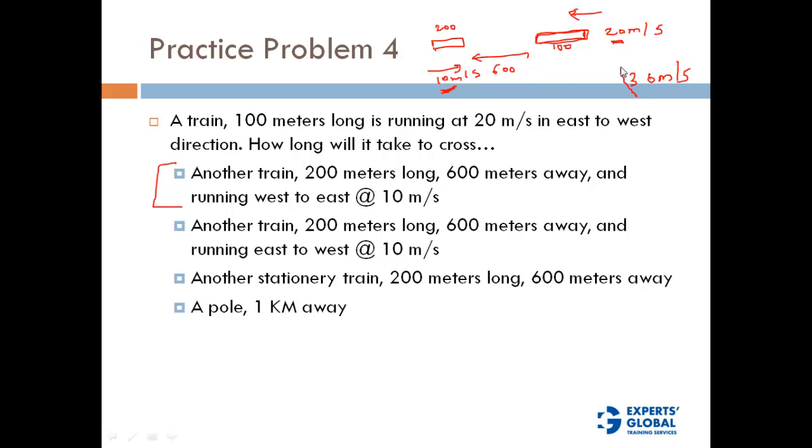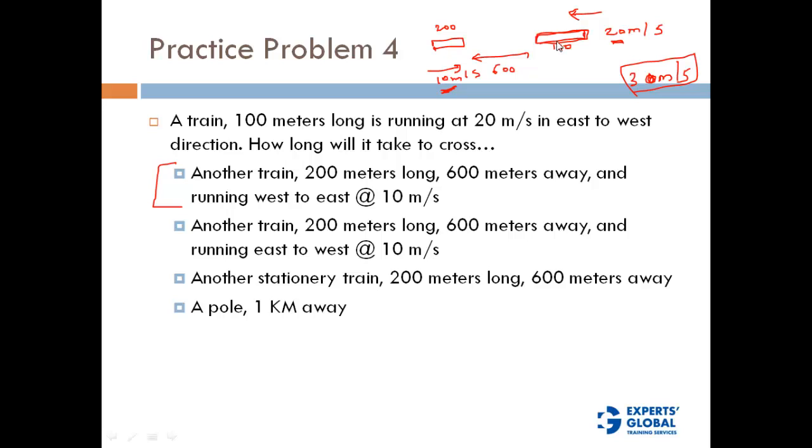So 30 meters per second is the speed with which train B is moving with respect to train A. It is always important to consider one train as the main base train and evaluate all the equations with respect to the first train, right?